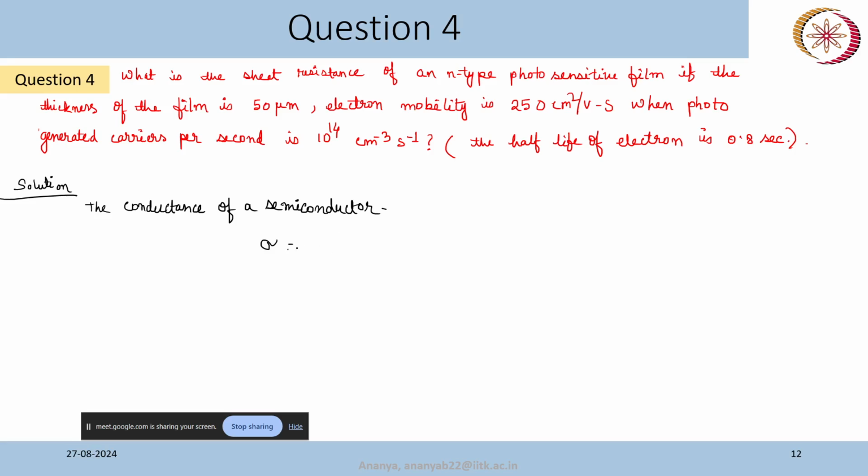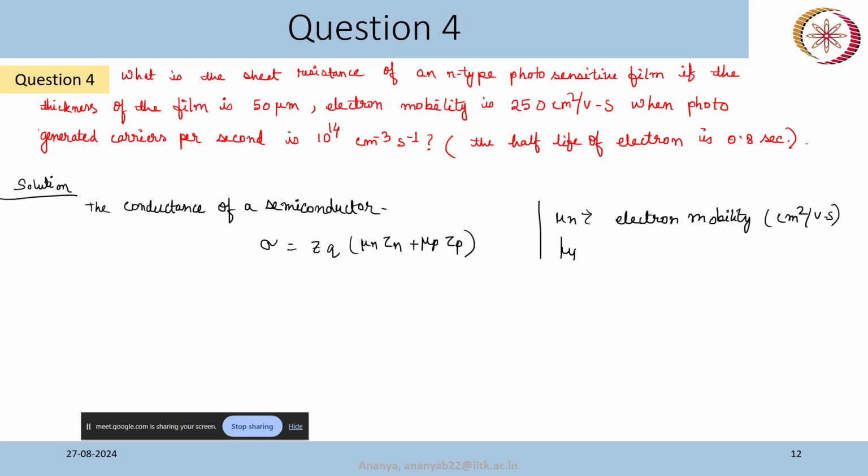This is sigma is equal to zq times mu n tau n plus mu p tau p. So here mu n is electron mobility, the unit is generally expressed as centimeter square per volt second instead of meter. Mu p is hole mobility.